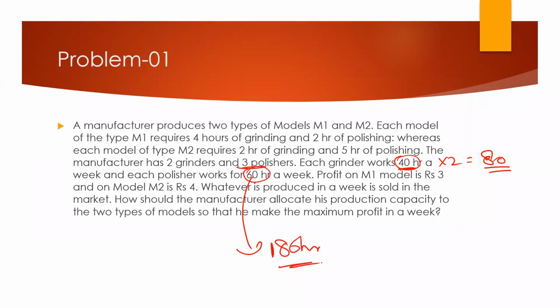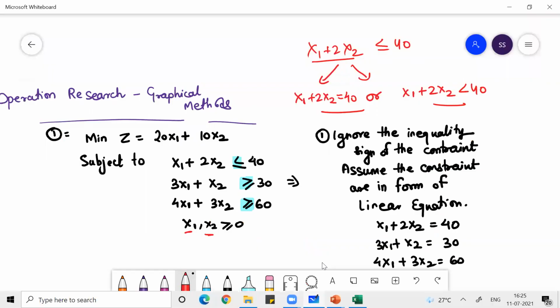When you actually engage your machine for polishing or grinding work, the maximum you can use them in a week is 80 hours. So when you write the equation, that would be less than or equal to 80. Means either you can use them for 80 hours or fewer than 80 hours. That is not a problem. But you cannot use them more than 80 hours because that is the constraint you have. I hope I'm making sense for all of you to understand.